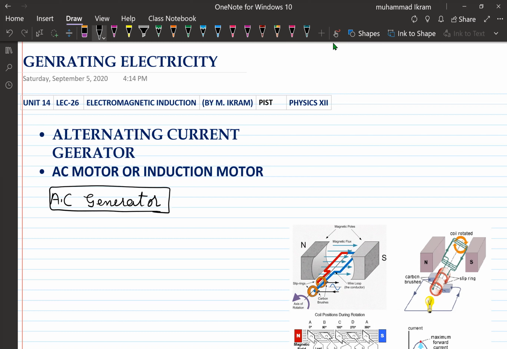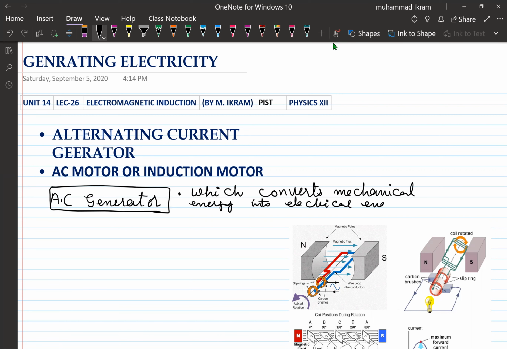AC generator is the device which converts mechanical energy into electrical energy.